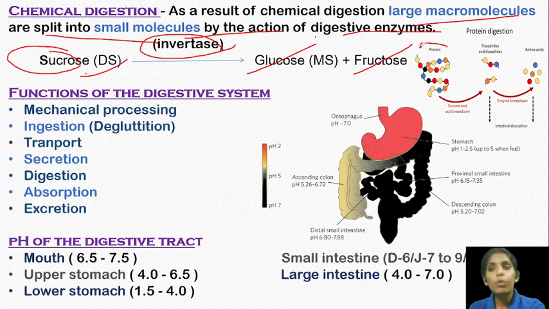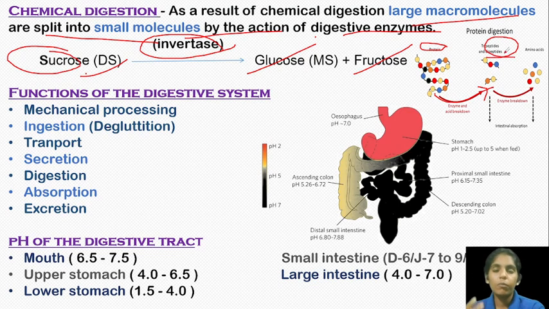And when we talk about proteins, you all know that proteins are the polymers of amino acids, or you can say amino acids are the building blocks of proteins. A large number of amino acids joined by peptide bonds will form proteins. Now these proteins in the presence of enzymes will be broken down into small chains of amino acids, that is tripeptides and dipeptides.